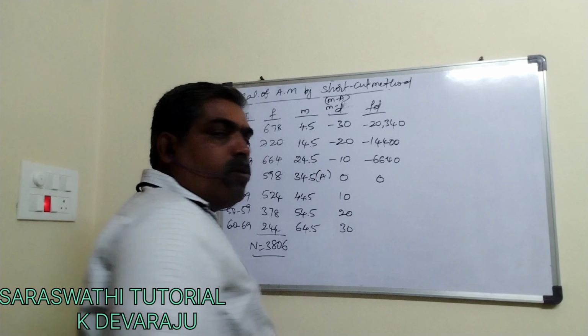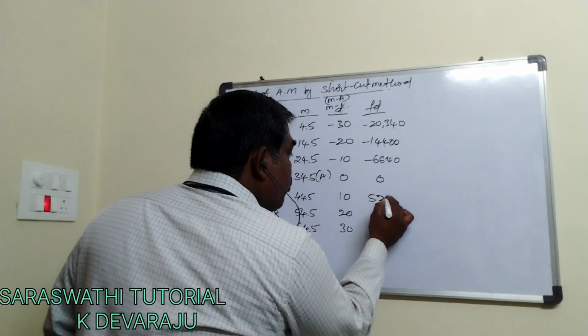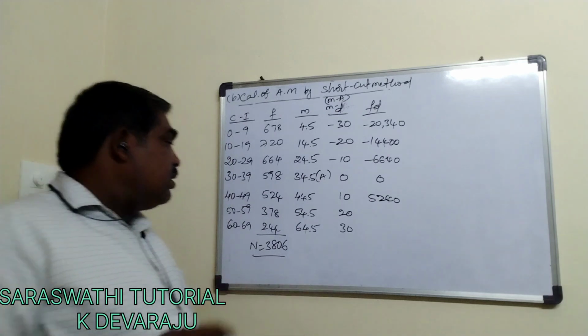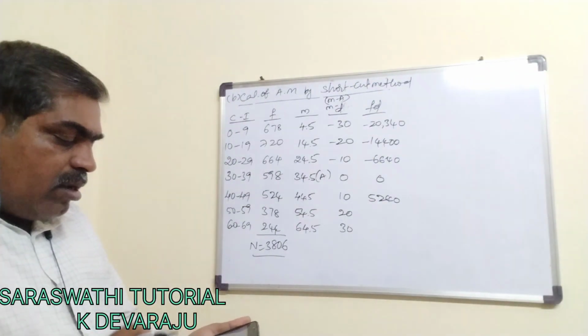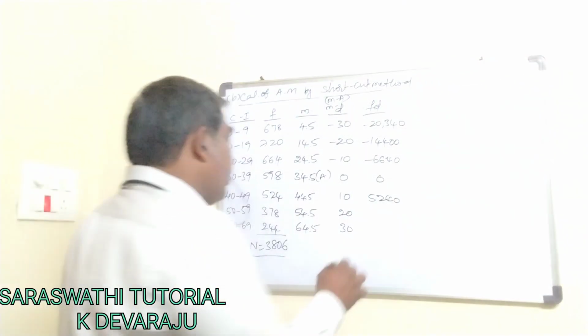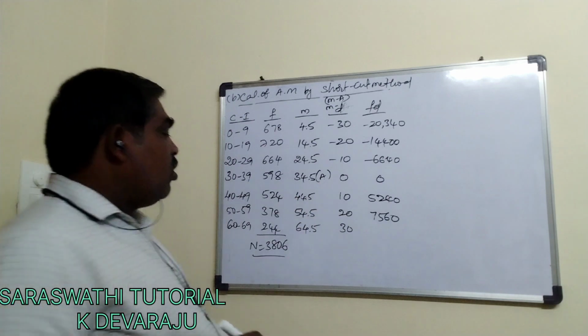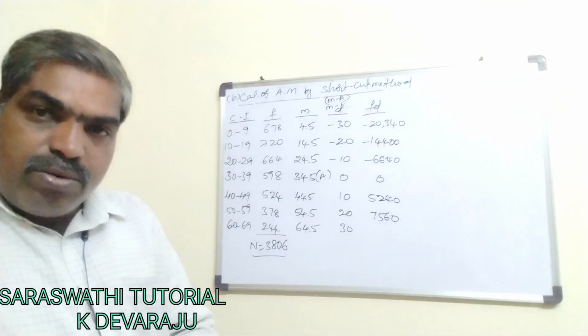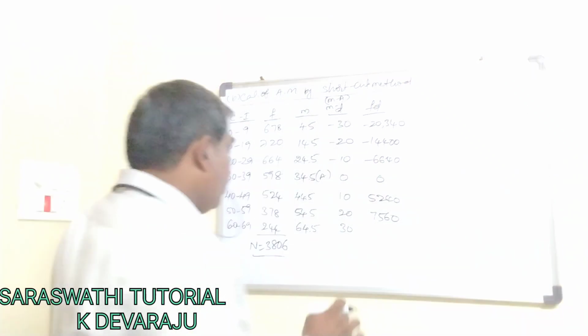Any value into 0 is 0. 524 into 10 is 5,240. 378 into 20 is 7,560, plus into plus. 244 into 30 is 7,320.